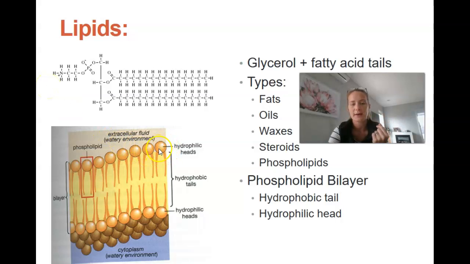So that's this part here when we're drawing it as a diagram. But you should be able to recognize either structure as being a phospholipid. You would never have to draw the chemical structure, but definitely be able to draw this more basic version. Types of lipids that we can encounter or other words that it might be given: fats, oils, steroids is a common word to use to describe a lipid molecule, and phospholipids we're very familiar with.